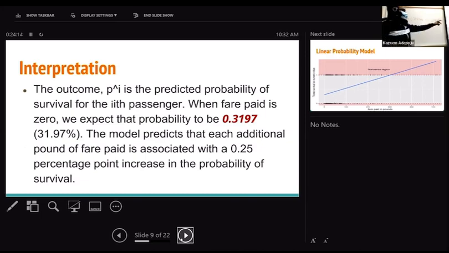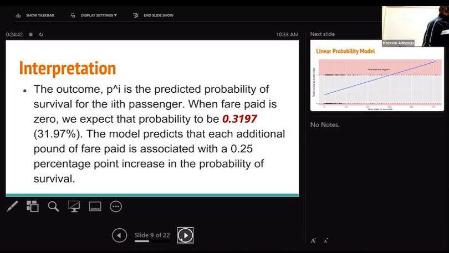When fare equals 0, when the passenger doesn't pay any fare, we want to interpret the intercept, right? If you want to interpret the intercept, you multiply this by 100. It tells you we expect the probability to be 31.97% if the passenger doesn't pay any fare.